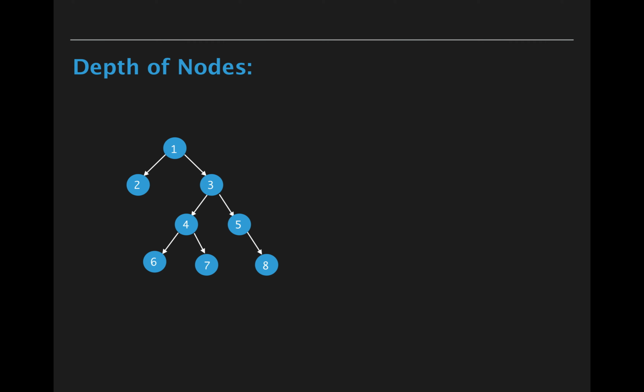Next, we introduce a concept called the depth of nodes. So the root always starts at level 1. The children of the root are considered to be level 2 as they are 1 away from the root. So this node 1, which is the root, is level 1. And all the children of the root, which are 2 and 3, are considered to be level 2. The same applies for 4, 5, and 6, 7.